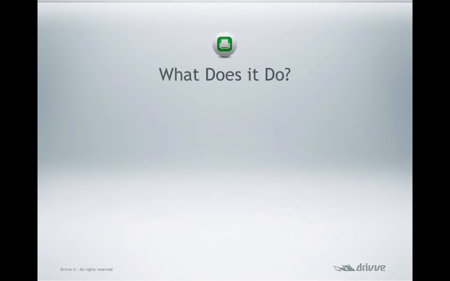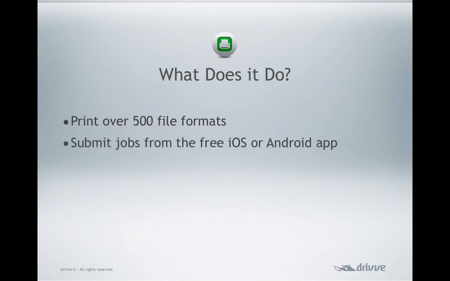So what does it do? It's pretty straightforward. We allow you to print over 500 file formats, including Office files, CAD files, a lot of different things in there. We let you submit jobs from our free iOS or Android app, so the users can download those apps, they can log in with their Windows credentials, and they can submit jobs to PaperCut.